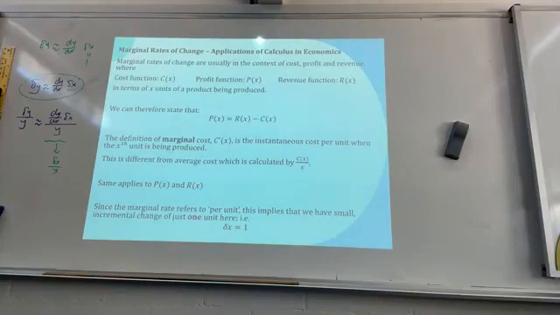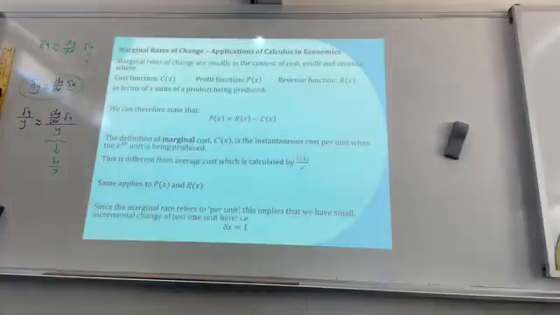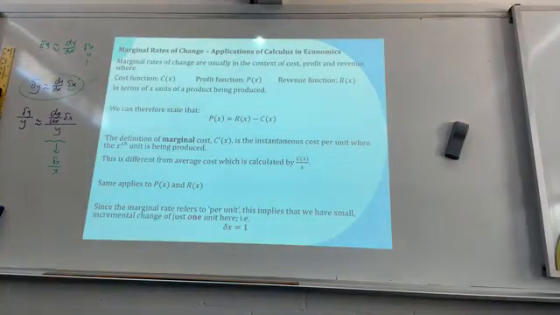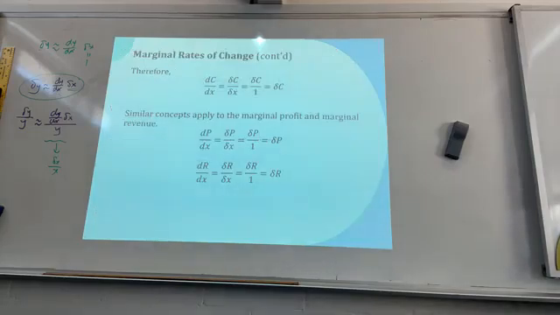Oh, marginal rate of change per unit. Yeah, so the change of x would just be 1. So 1 unit change. Because the questions are only when there's like one more unit being produced. All right. So one more. This time delta x is one more. So delta y is therefore the same as dy dx. Or in terms of marginal rates of change for cost, it is therefore dC over dx equals delta C. All right, we're talking about cost now.